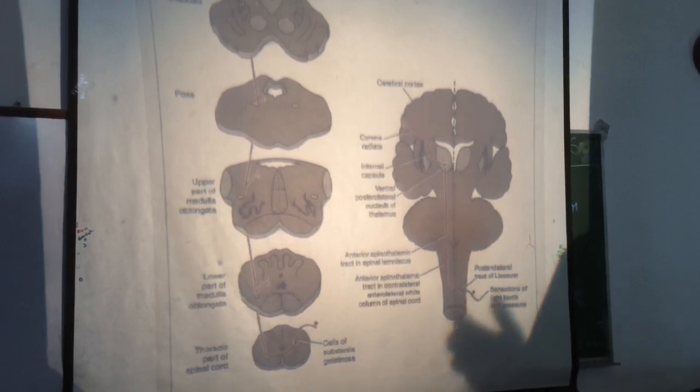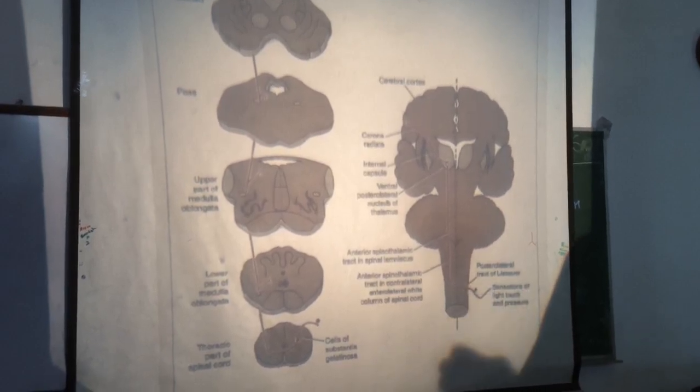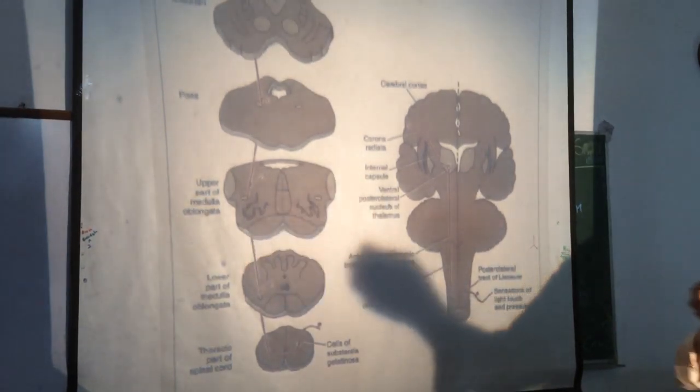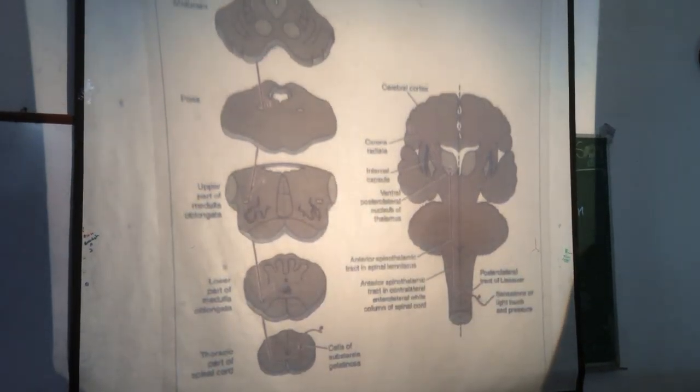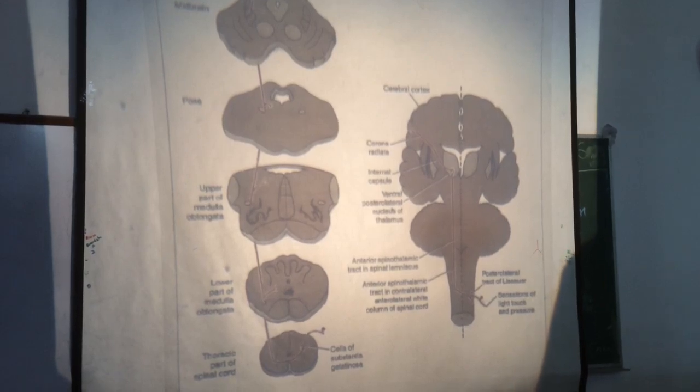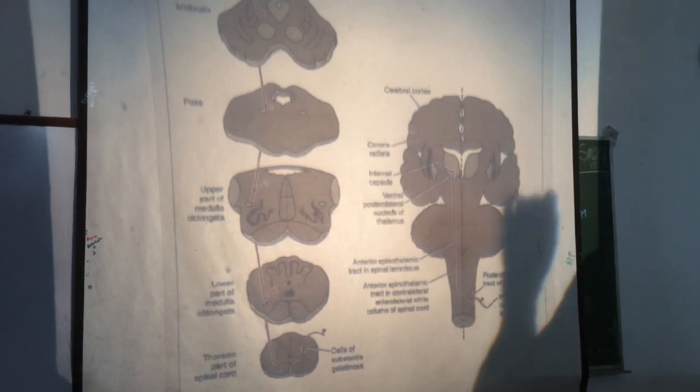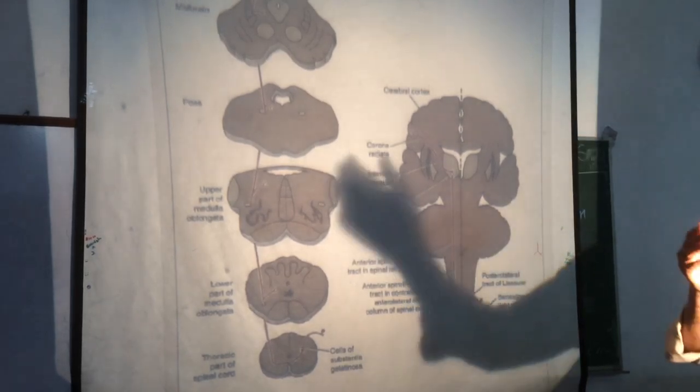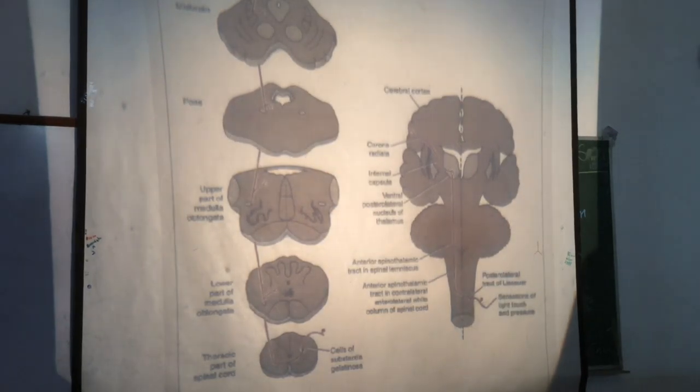Which nerve fibers carry fast pain impulses from the periphery to the spinal cord? A delta nerve fibers carry fast pain impulses from the periphery to the spinal cord.